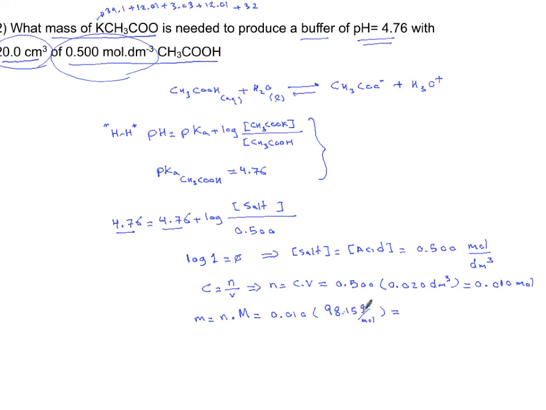And when you multiply this, it becomes 0.9815, which I rounded to 2 grams of potassium ethanoate. So that's the amount of salt you need to put into this solution in order to have a buffer of 4.76.